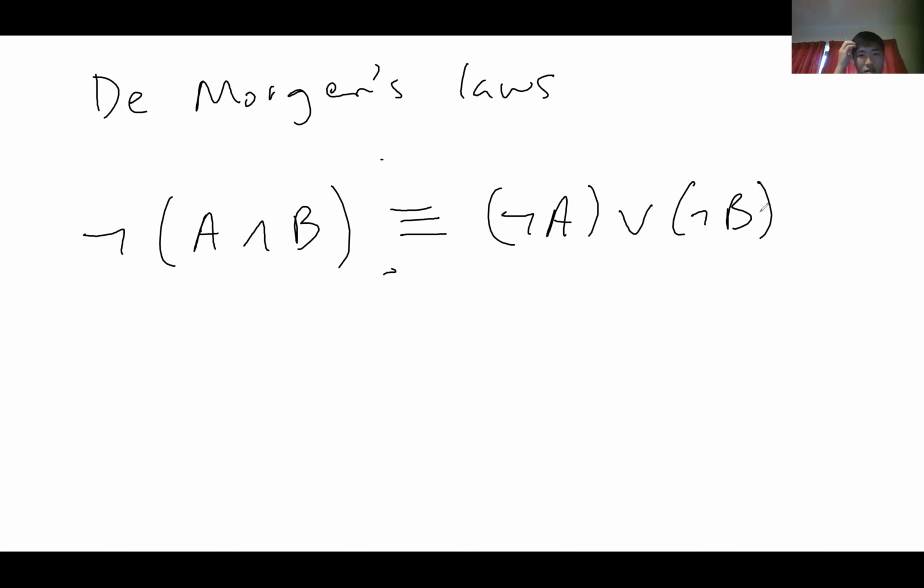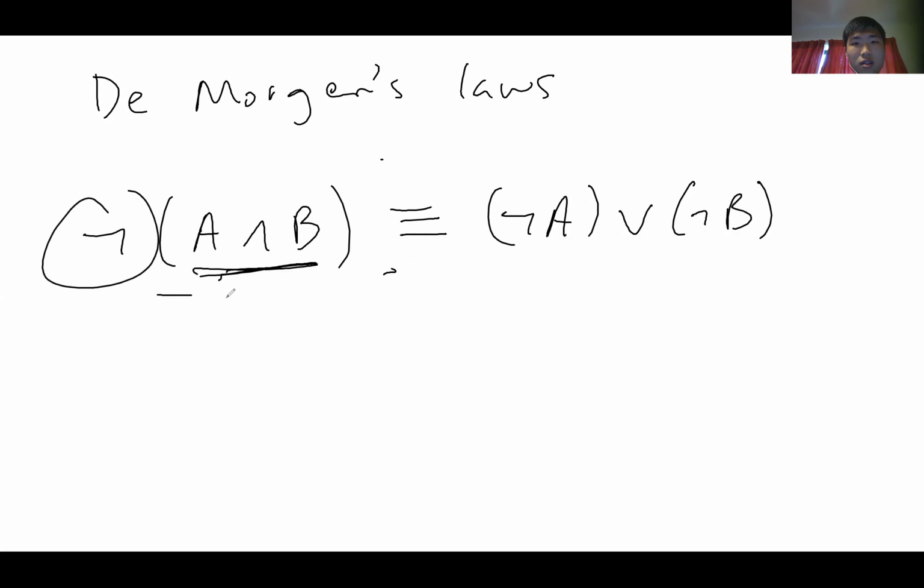And you can kind of check that. It makes sense, right? This guy is true only when both of them are true. So that means if one of them is false, then this whole thing is true, because this guy becomes false and then the negation flips it.